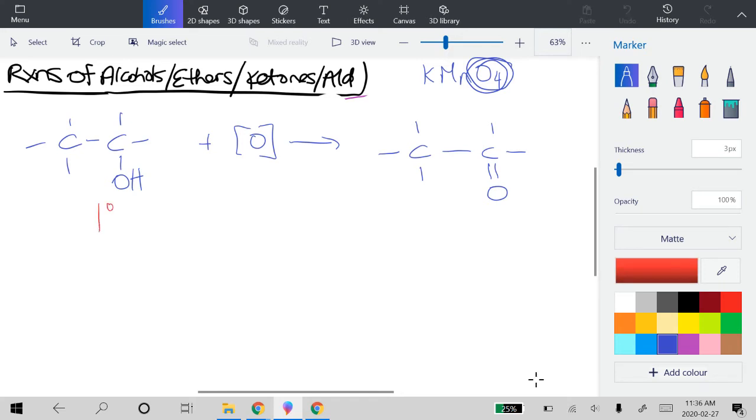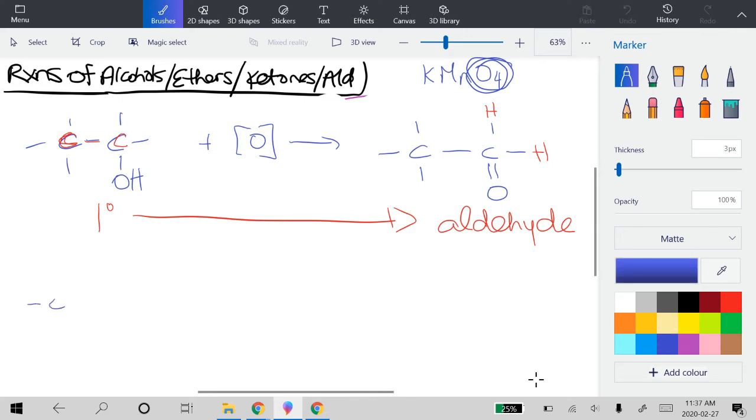This was a primary alcohol because my carbon that had the hydroxyl is only bonded to one other carbon. So when I oxidize a primary alcohol, I always make an aldehyde because it'll be at the end of the chain, because that's an H and an H there.